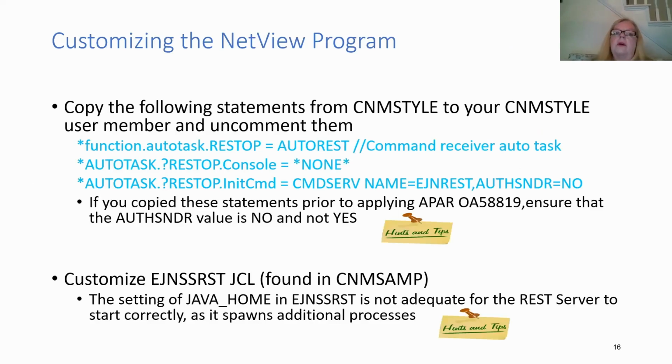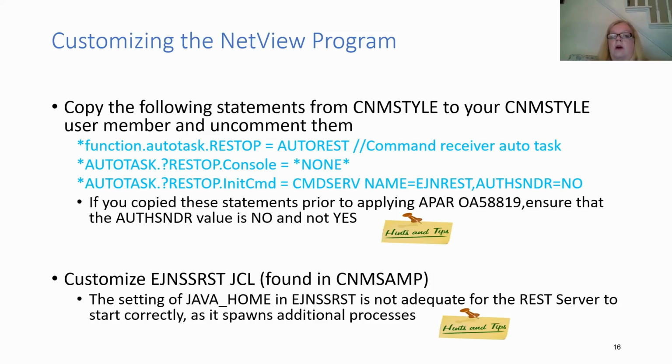Okay, so now let's move on to customizing the NetView program. And we have 3 CNM style statements here, essentially defining the auto task to use with the REST server. And we use the command server capability, command server in NetView, with our REST server. So all you need to do is copy these statements over to your CNMSTYLE user member and uncomment them.